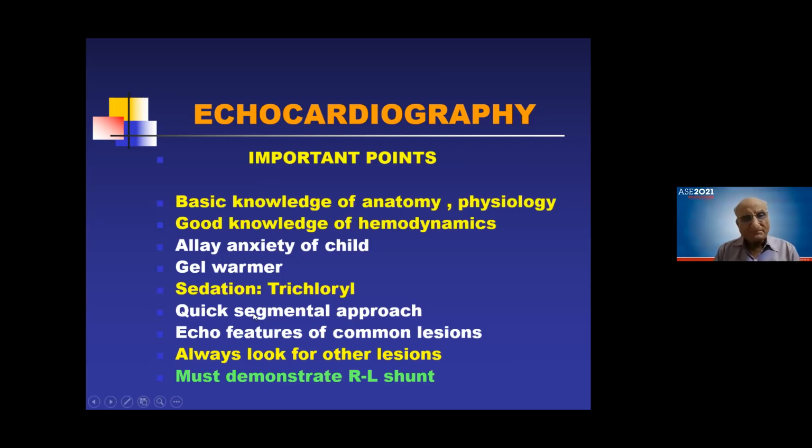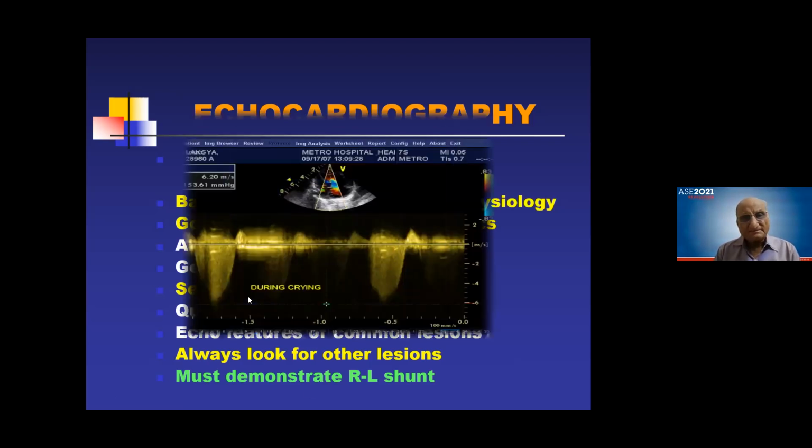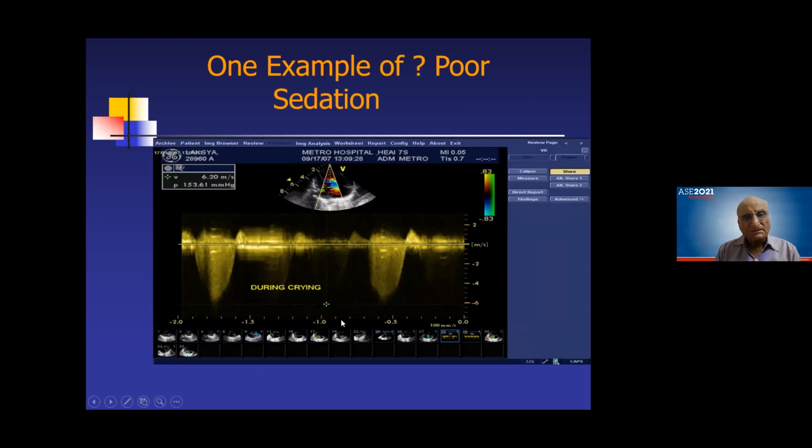For example, when we say sedation, this was a patient who was crying. Some patients start crying as soon as you put the jelly on the chest. During crying, the PA pressure was about 153 at that time. That is one example of poor sedation.